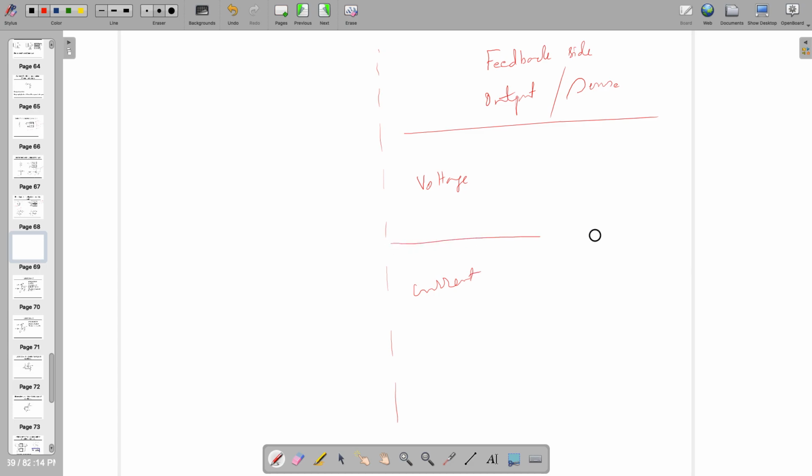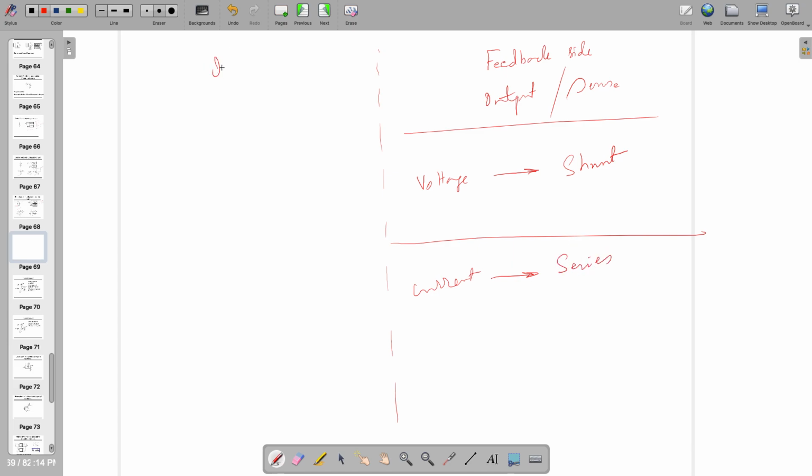If you want to measure voltage, you keep it in shunt because it's measured across some element, and current has to be measured in series.